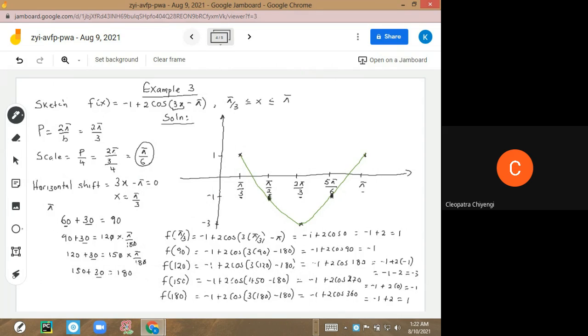But because of the vertical shift, which is -1, initially it should have started at 2, and now it has stayed at 1. Okay, so the vertical shift is on the y-axis. Okay, thank you.